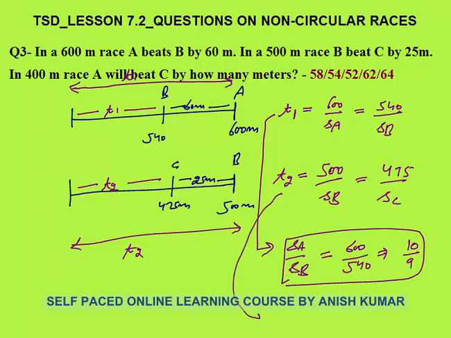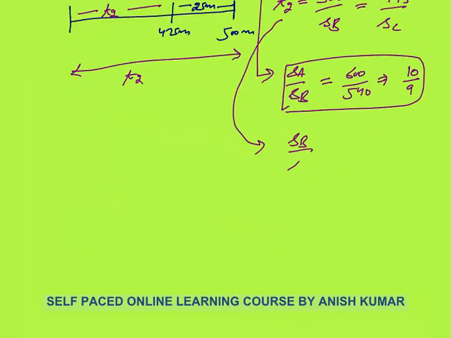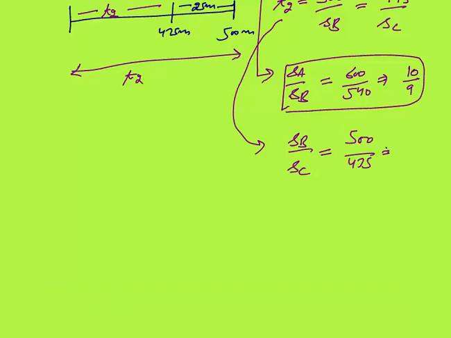From here you will get SB upon SC, speed of B upon speed of C, as 500 upon 475. You can divide by 25, this is 20 to 19. So speed of B to speed of C is 20 to 19.